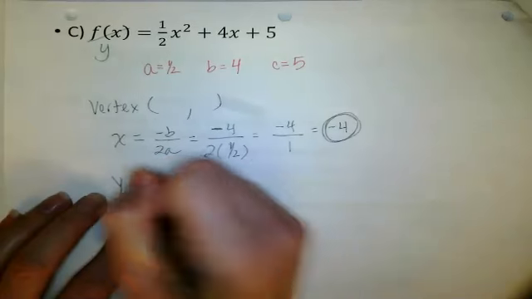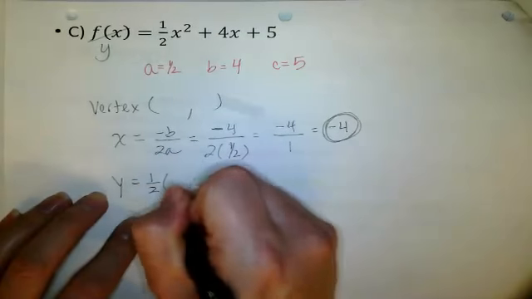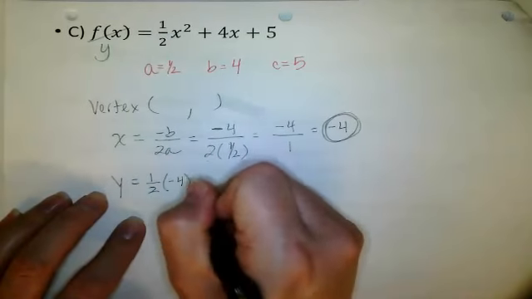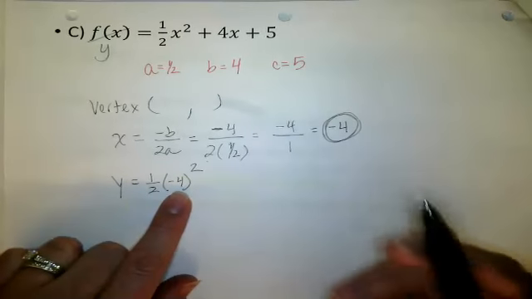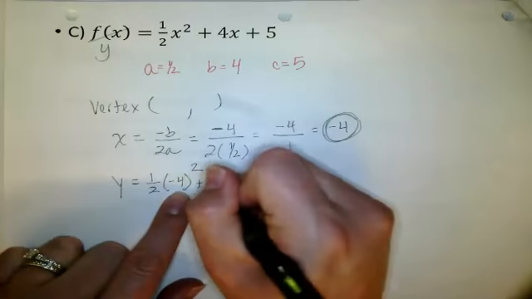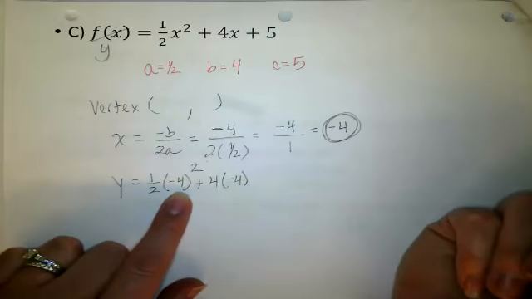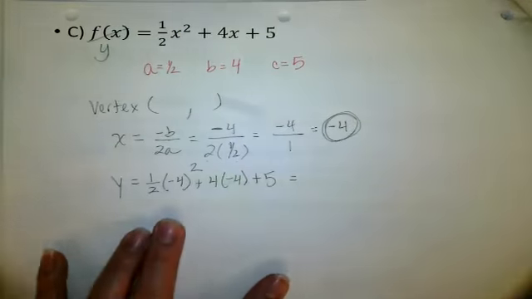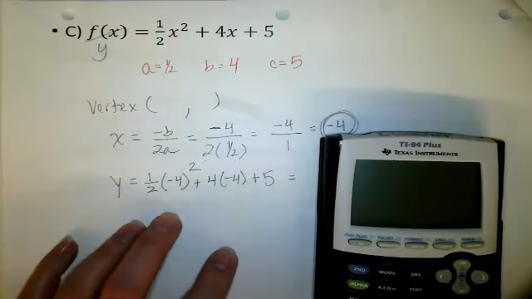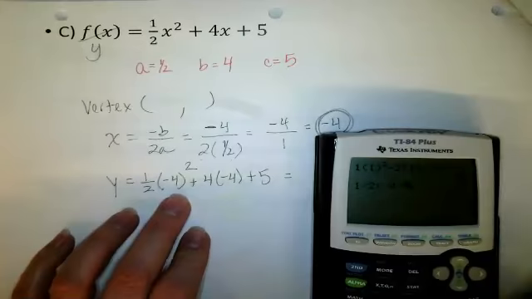Now what do I do with this -4 value? Plug it back in. So I have 1/2, and I'm plugging in a -4, and I'm going to square that whole thing. So plug it in with parentheses. Plus 4 times -4, and then plus the 5. This one I definitely am going to use my calculator for. 1/2 parentheses -4 squared.